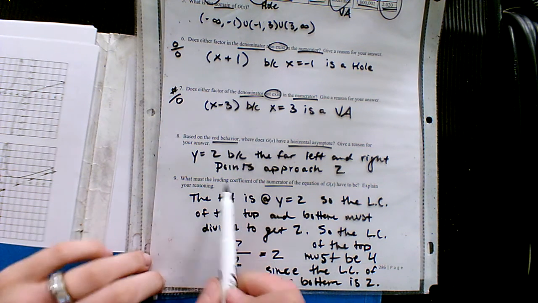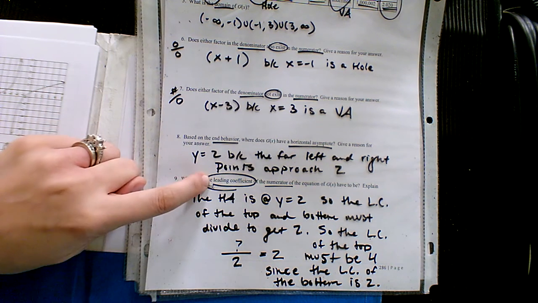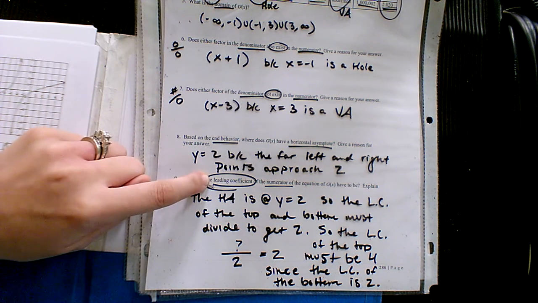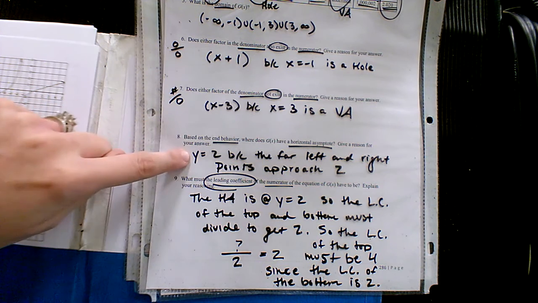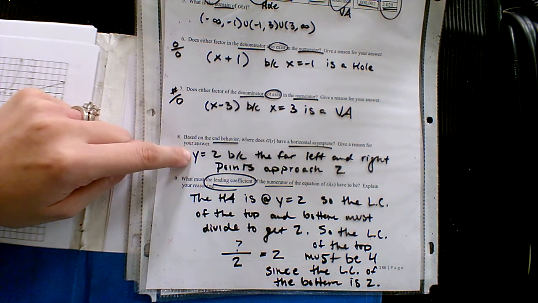Whenever you see leading coefficient, at least in terms of these rational functions, that's cluing you into horizontal asymptote, because that's really the only characteristic that we've talked about for rational functions that dealt with a leading coefficient. And if our horizontal asymptote is at 2, since that's somewhere other than 0, we know the degrees have to be the same.